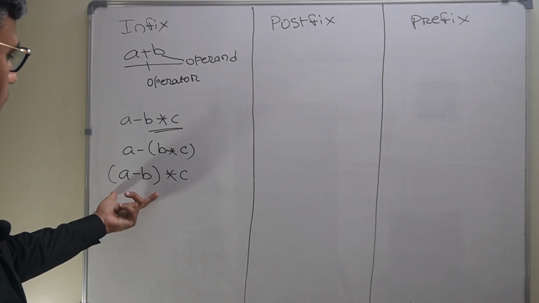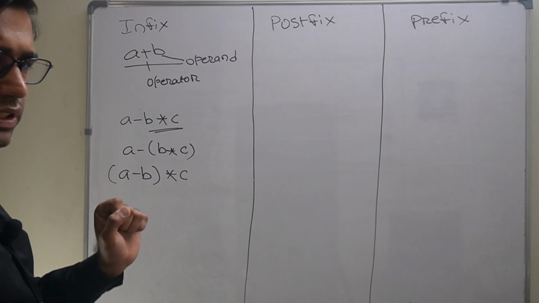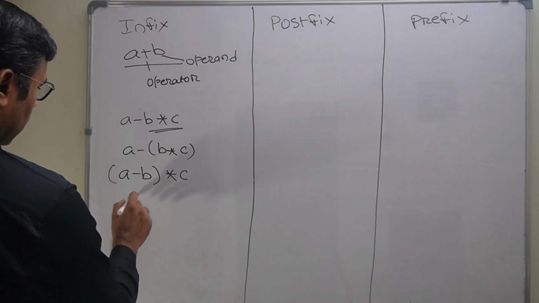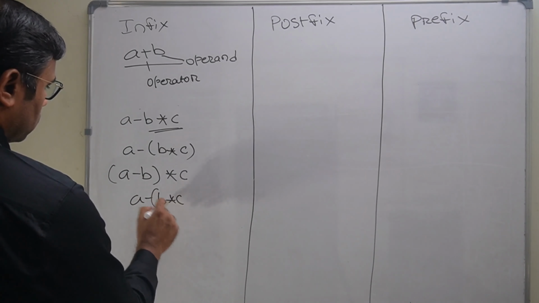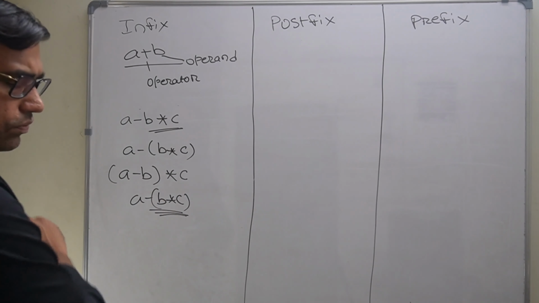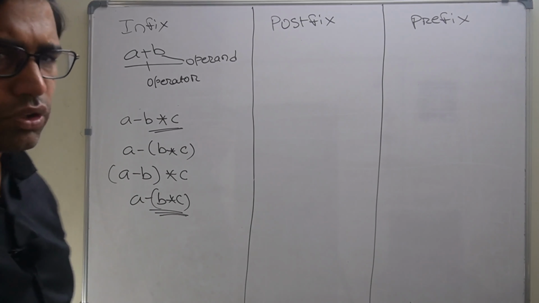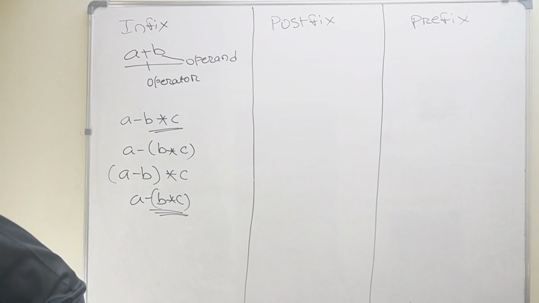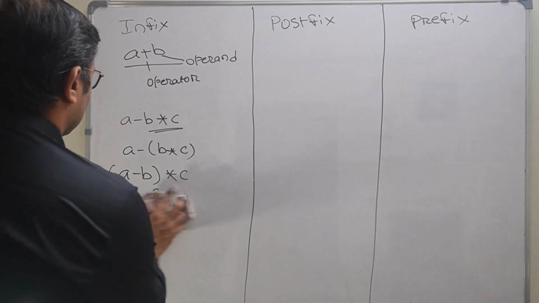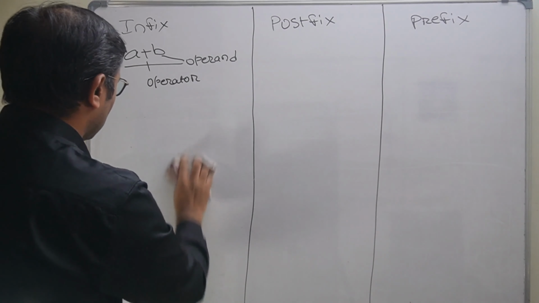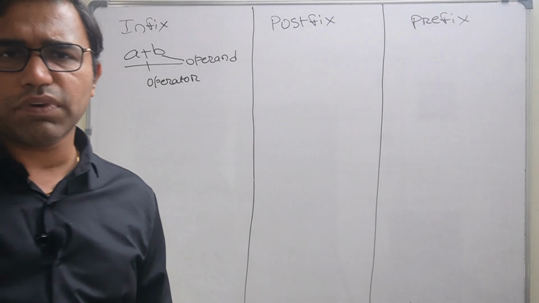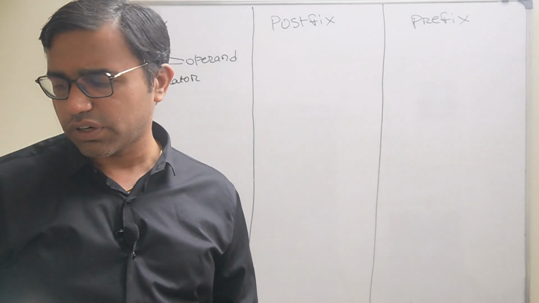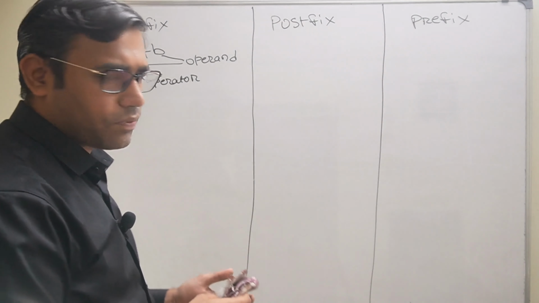You will find that a minus b is calculated, but scientifically b star c should be calculated first, even though there is a bracket. So that's why there is always ambiguity in the infix notation. In infix notation, every time you have to remember the precedence and associativity of the operator. Otherwise the expression may go wrong.